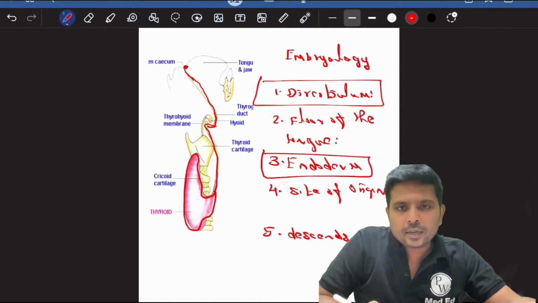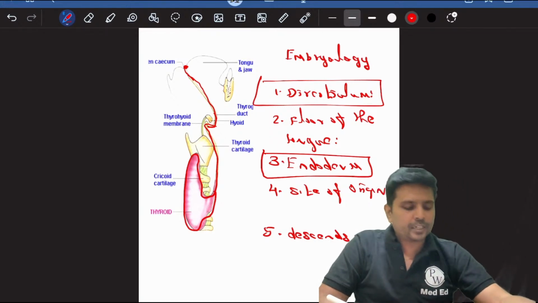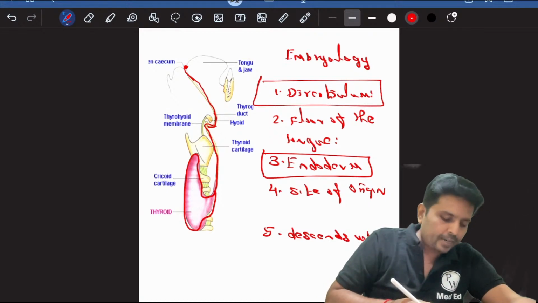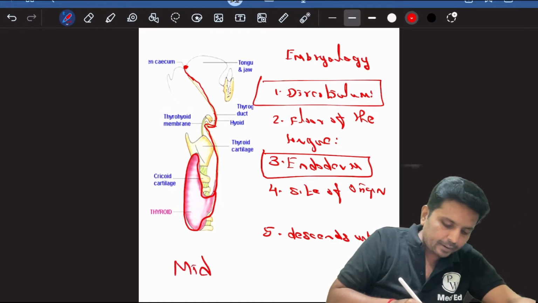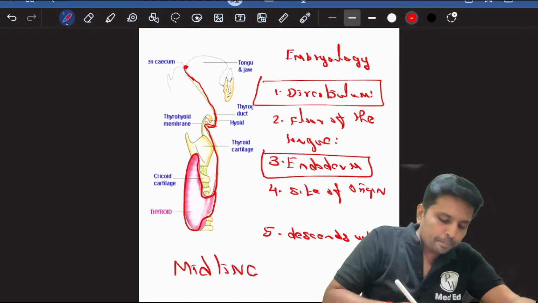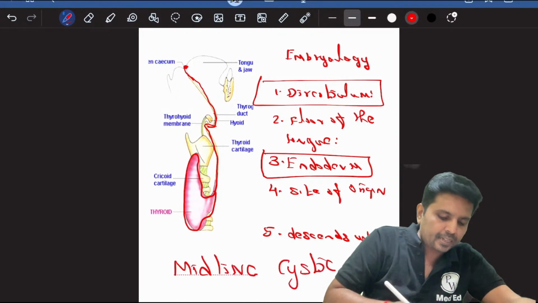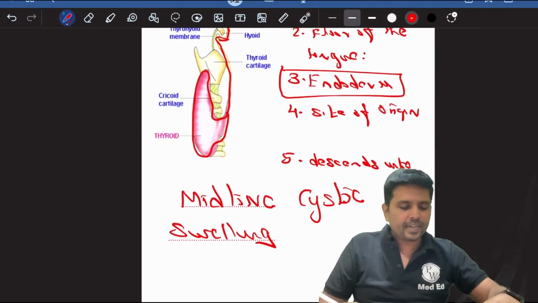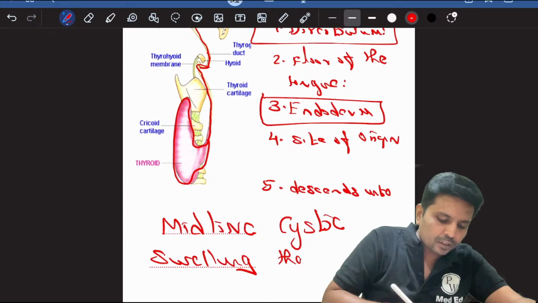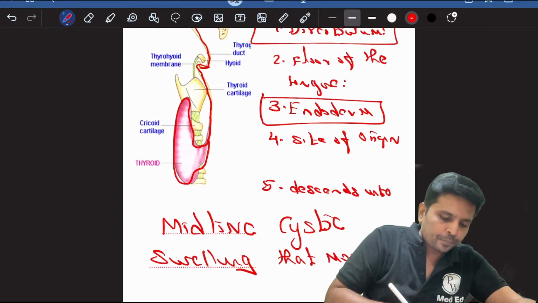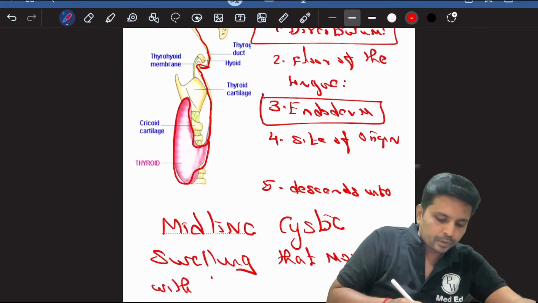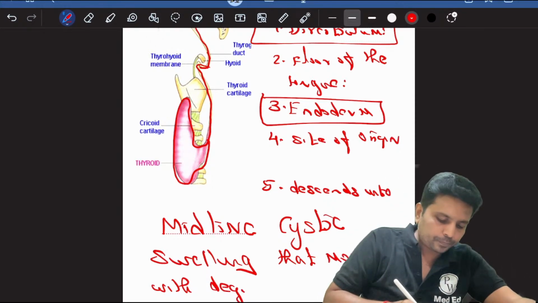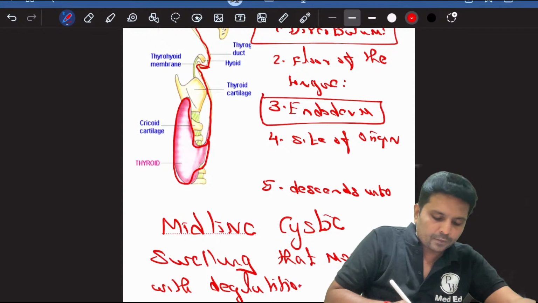Now, what are the embryological issues with respect to this? Remember, if you find a midline cystic swelling in the neck that moves with deglutition, or swallowing, or protrusion of tongue, what is that?